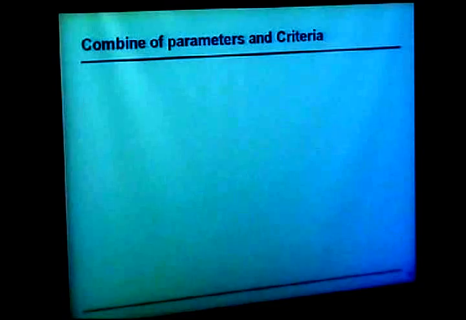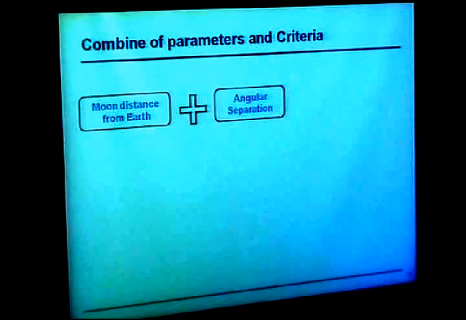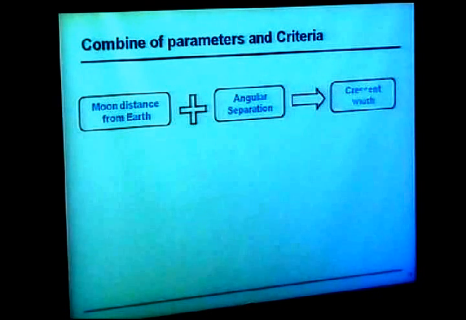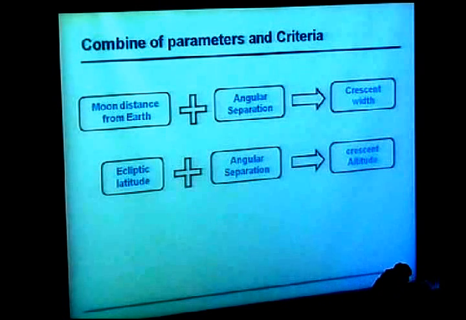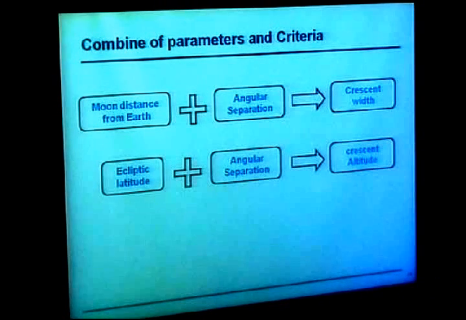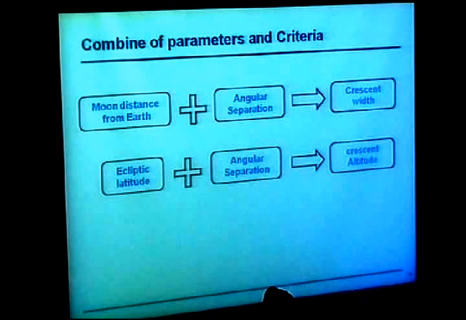We combine these parameters in criteria, such as combining the Moon's distance from the Earth and angular separation into crescent width, or combining ecliptic latitude and angular separation into crescent altitude.